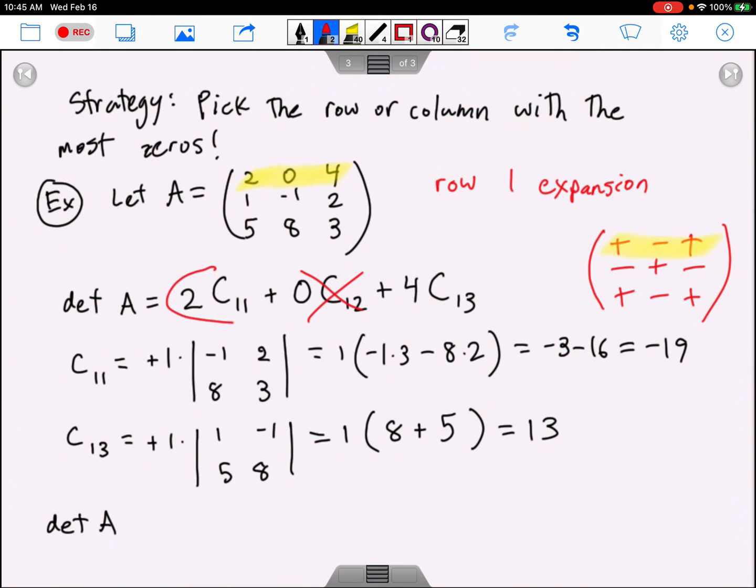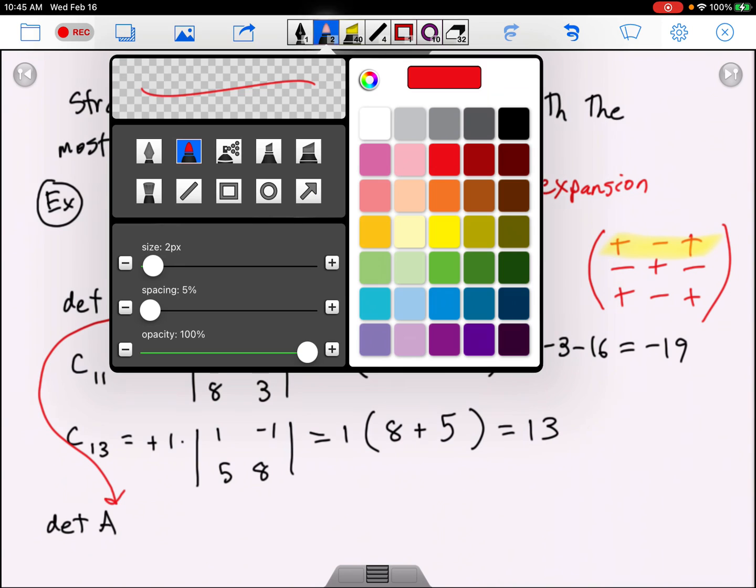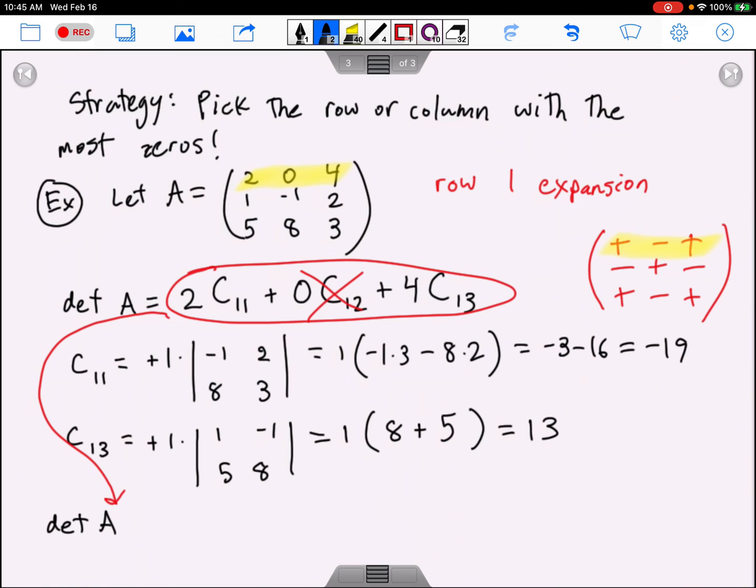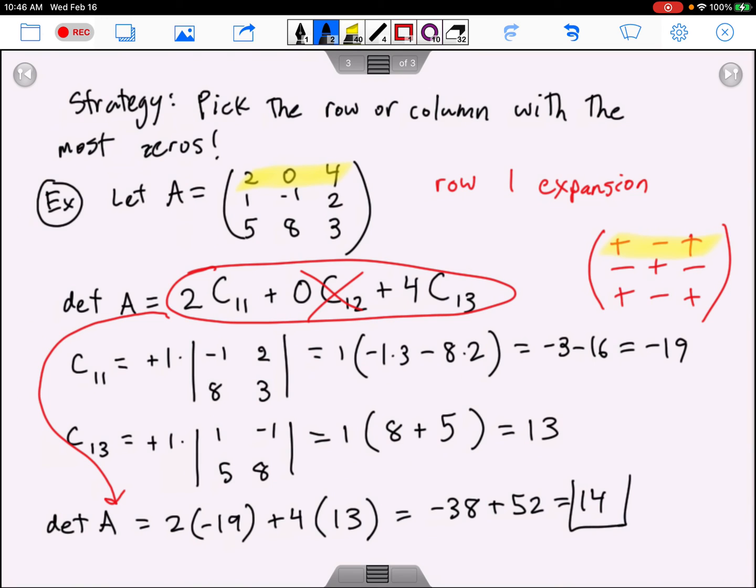So I end up with 2 times negative 19 plus 4 times 13. That gives me negative 38 plus 52, which is 14. And that's my determinant.